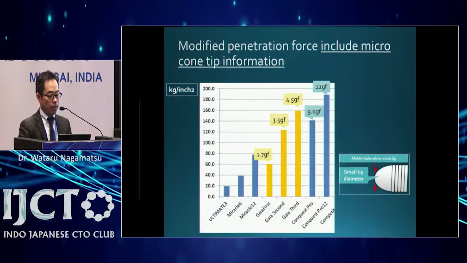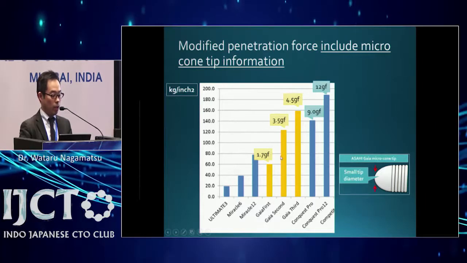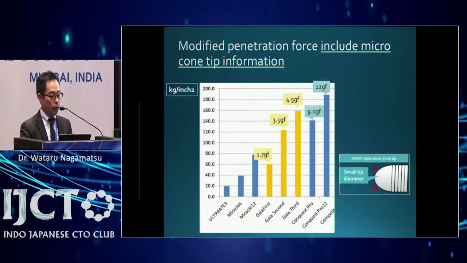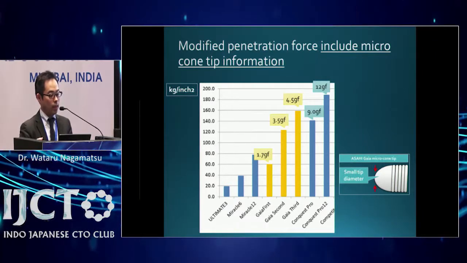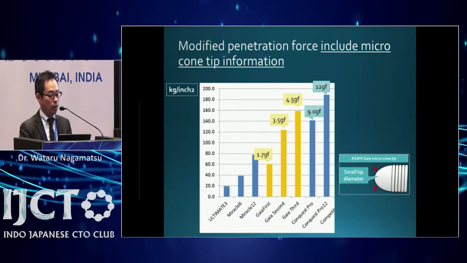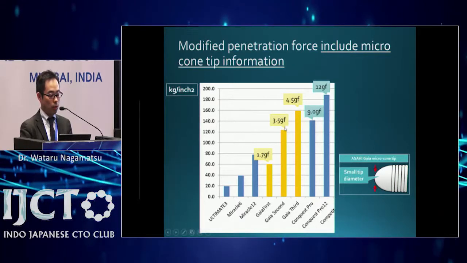Even if the Gaia Second wire tip load is only 3.5 gram force, including this cone tip information, the pressure per square inch is quite high, so the penetration power is very close to the Conquest Pro.